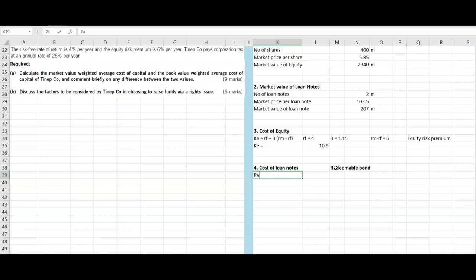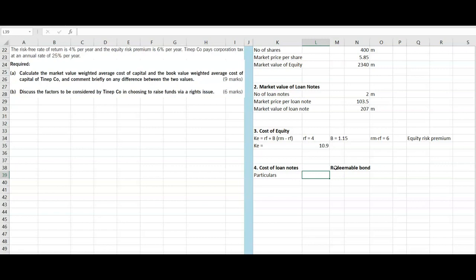So we'll take it as particulars. Then we'll have a similar, typical IRR problem. However you work out an IRR problem, the same way we have to work out this.